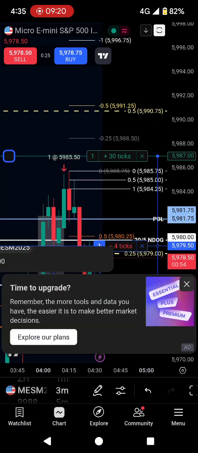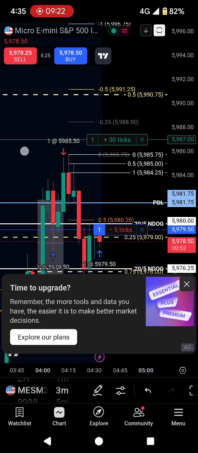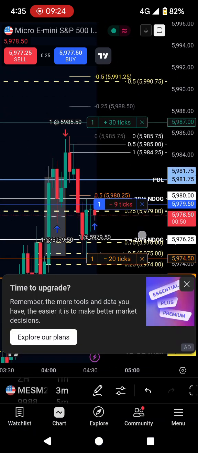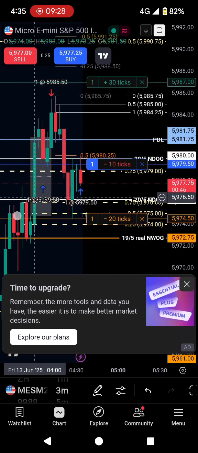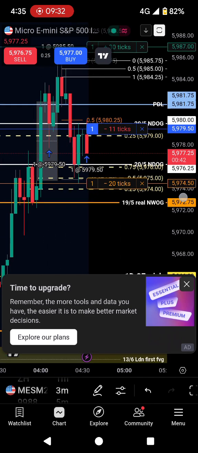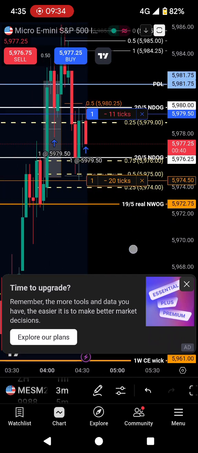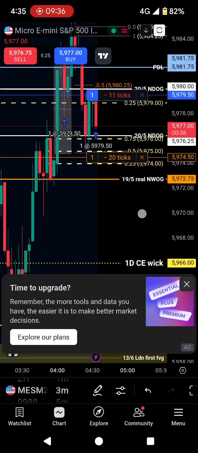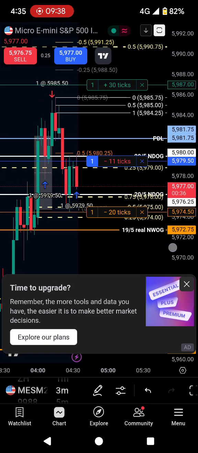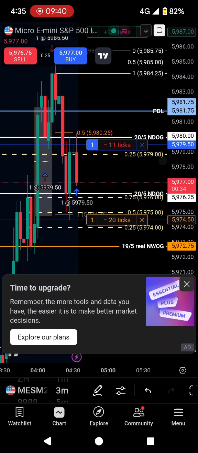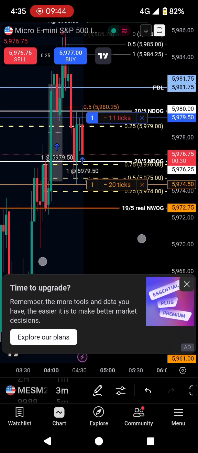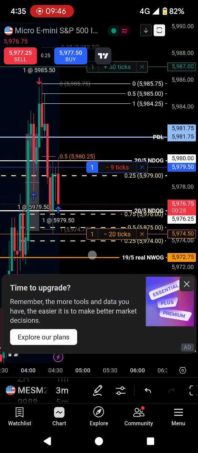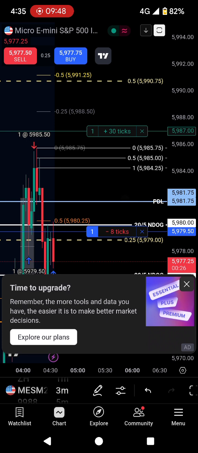I'll be contented with 30 ticks. No problem. You see nice rejection at this order block right here. Very beautiful. So yeah, definitely if the bullish order flow is still in play, definitely this mean order block won't be touched. In theory, it won't be touched, and price will definitely come back up.